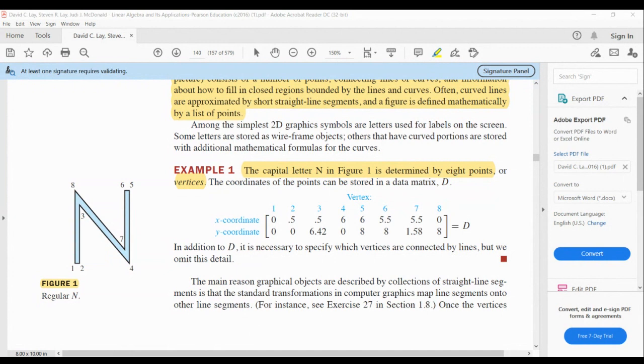Well, you can store the vertices of the letter N, and that would uniquely determine the letter N if you just had line segments connecting the vertices. But of course, you have to store the vertex information. How do you store it? You store it in a matrix. Here matrix D stores the vertices. Are there any questions on that idea?